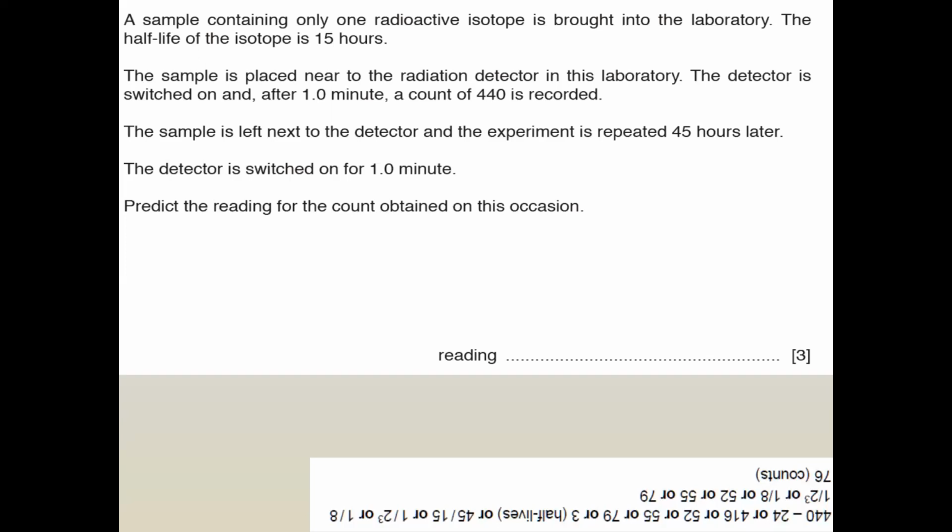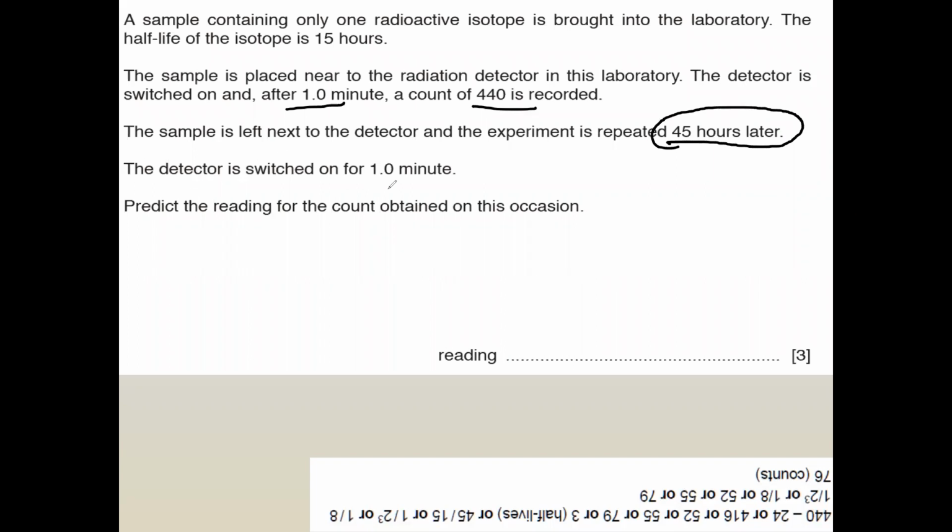Another question: a sample containing only one radioactive isotope is brought into the lab. The half-life of the isotope is 15 hours. So after 15 hours, it becomes half of its original value. The sample is placed near the radiation detector. The detector is switched on for 1 minute, and the count is 440. The sample is left next to the detector, and the experiment is repeated 45 hours later.